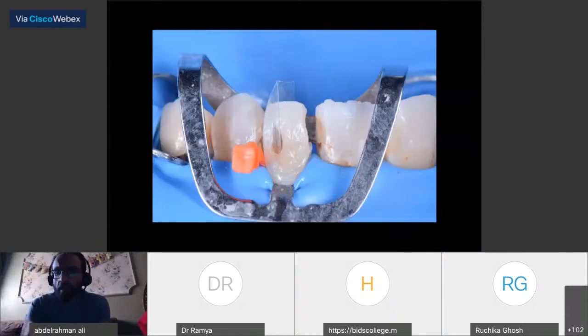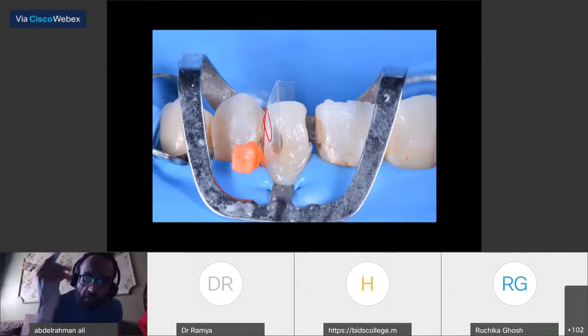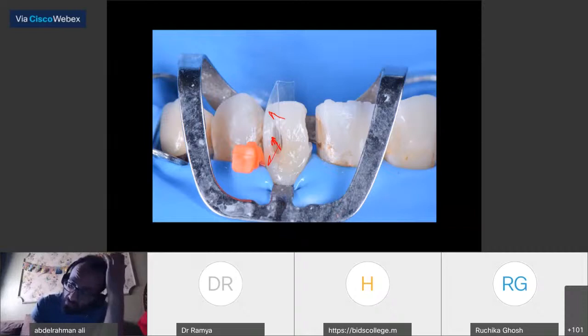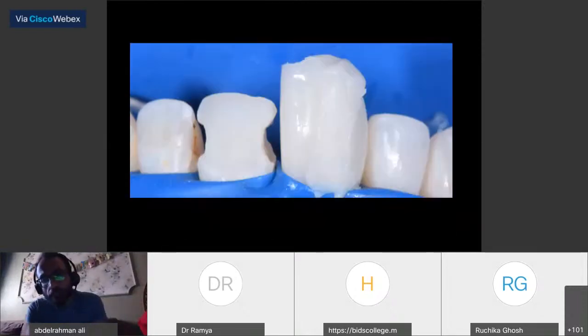How can I apply the composite? Can I do it in a layering way with the BioClear, with the monochromatic composite? You can do that. But let's imagine how I make sure that the composite is adapted in all these areas. Very tricky. Or should I do this? How many of you, when you have done this filling, thought, oh my God, how will we finish that?